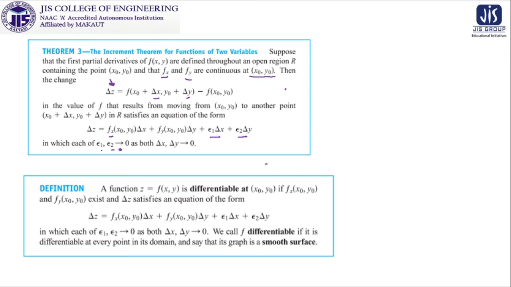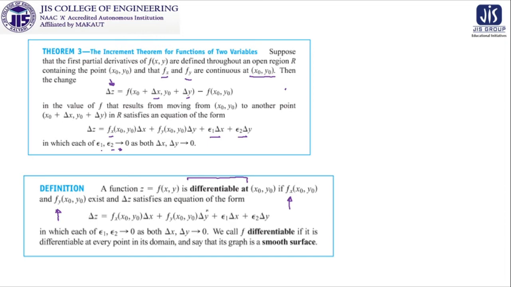It is stated in this manner: a function z equals f(x,y) is differentiable at (x0, y0) if the partial derivatives of f with respect to x and with respect to y exist, and del z satisfies an equation of the form already stated, that is, fx(x0, y0) del x plus fy(x0, y0) del y plus epsilon 1 del x plus epsilon 2 del y.